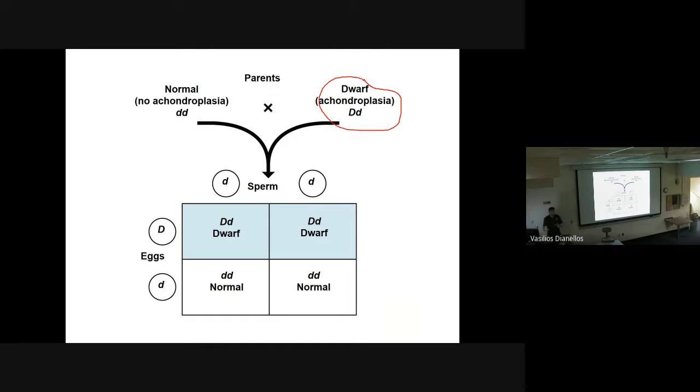I might give you all that background information and say, all right, if a dwarf mates with a normal person, or by normal, I mean they don't have achondroplasia, what are the chances of their kid having dwarfism? And then you could do a Punnett square, because you know if the person is a dwarf, their genotype has to be heterozygous, right? Because if they were homozygous dominant, they would be dead.